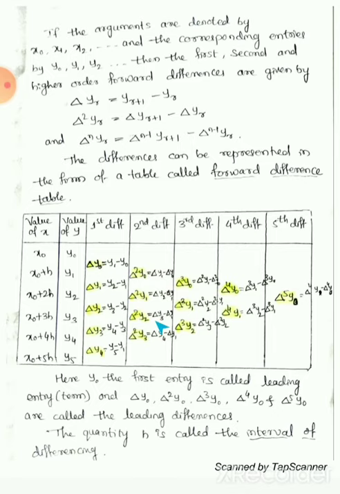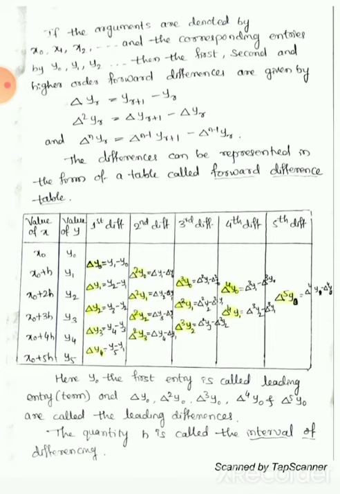Similarly, del square y1 is equal to del y2 minus del y1. Del square y2 is del y3 minus del y2. Del square y3 is del y4 minus del y3. Here also del square y4 you can't calculate because you don't have a next value of first difference. Therefore, here you got 4 second differences.